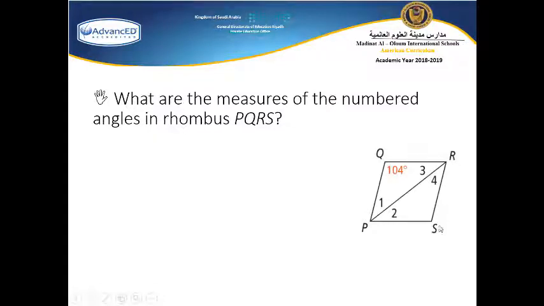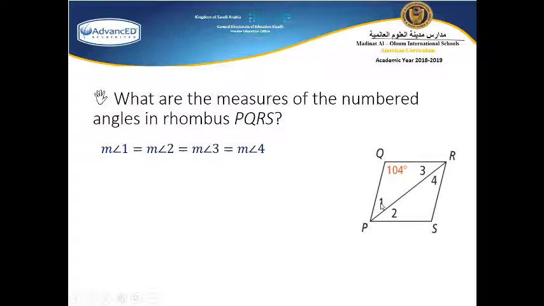Because this is a parallelogram and each two opposite angles are congruent, the measure of angle P equals the measure of angle R. And the diagonal PR bisects the opposite angles. Then the measure of angle 1 equals angle 2 equals angle 3 equals angle 4.